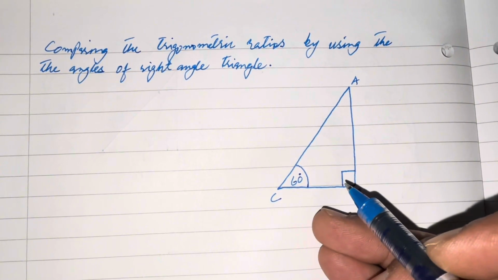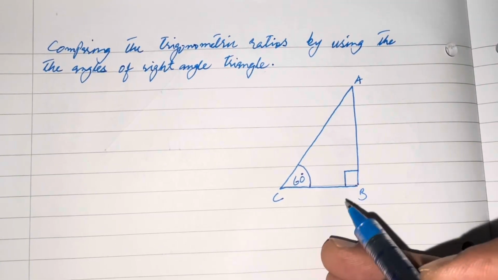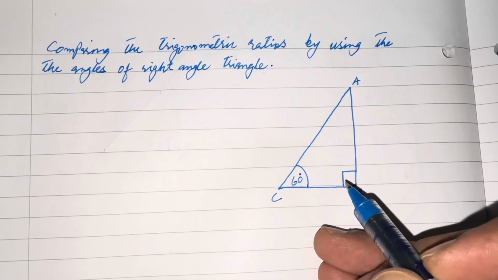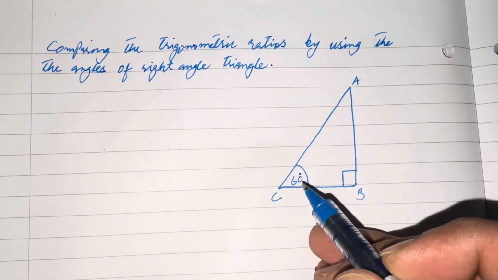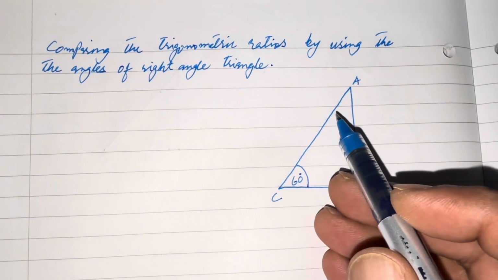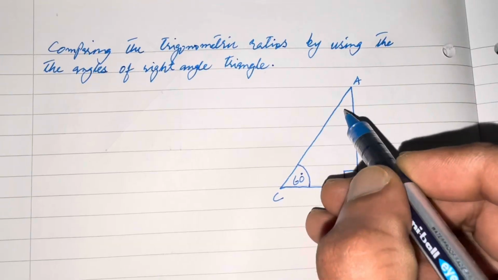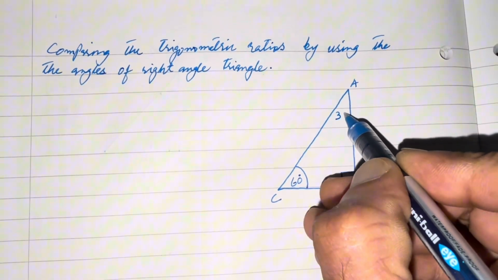So 90 and 60 will be equal to 150, and then you can say that the angle A should be 30 degrees.